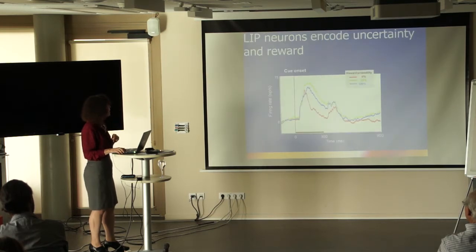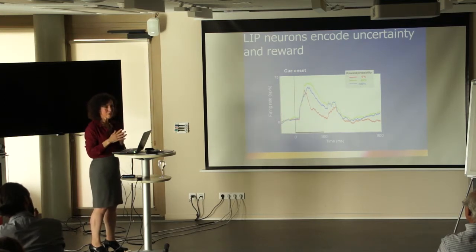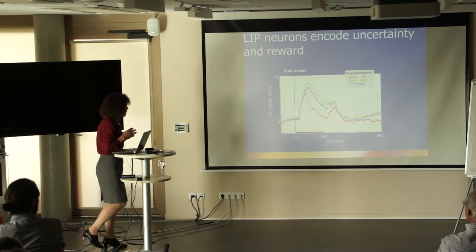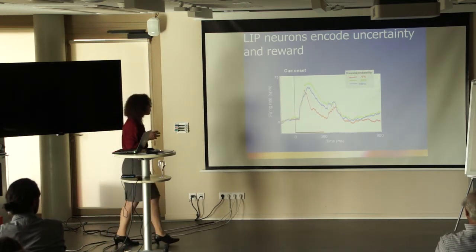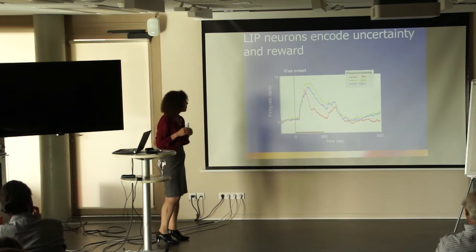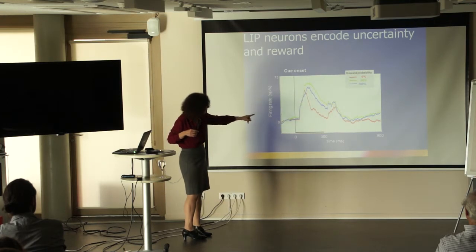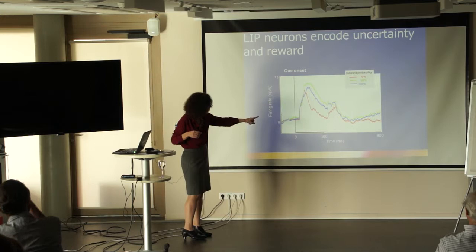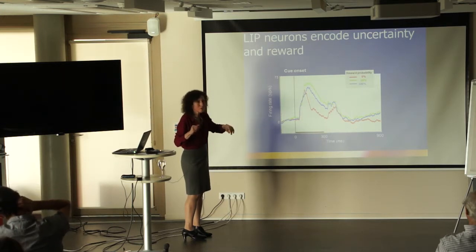Okay, and the last bit I want to tell you, so we saw this funny U-shaped function. And we have some preliminary evidence that LIP neurons encode the same pattern. So here are the responses to cues that predict different probabilities of reward. You can see the red and the blue curves are similar to what I showed you before, and they show the 0% response to a bad news cue and the response to a good news cue.